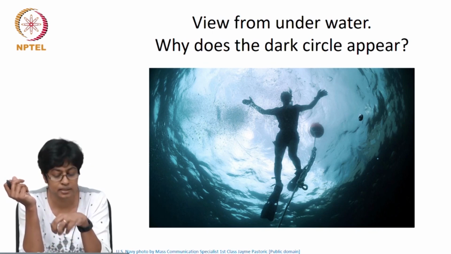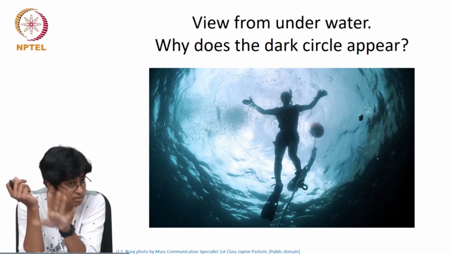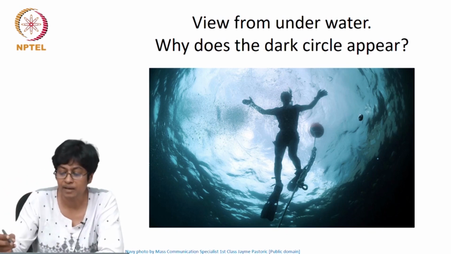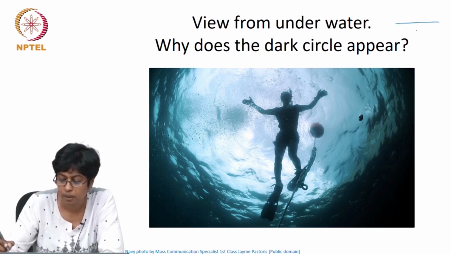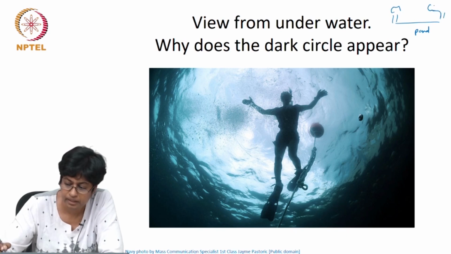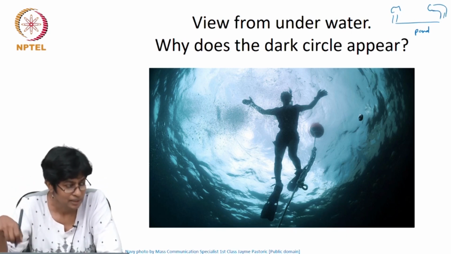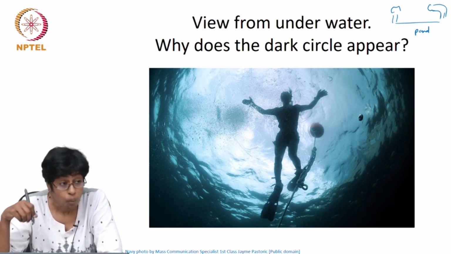All you're seeing is actually just the diver who is in the water. But I could have had a scene, so I have a pond, and then I could have had trees over here. Maybe something leaning over like this, right? I should be seeing all of that in the photograph.